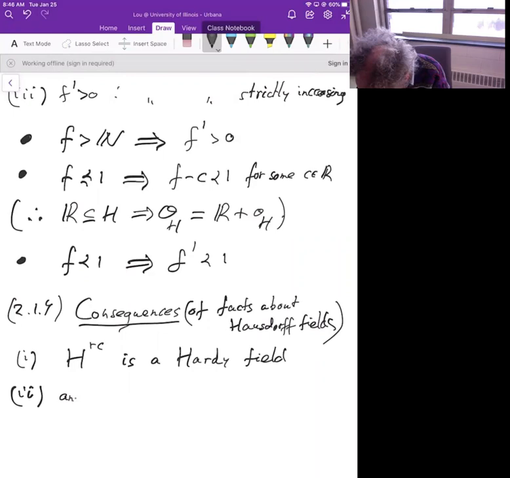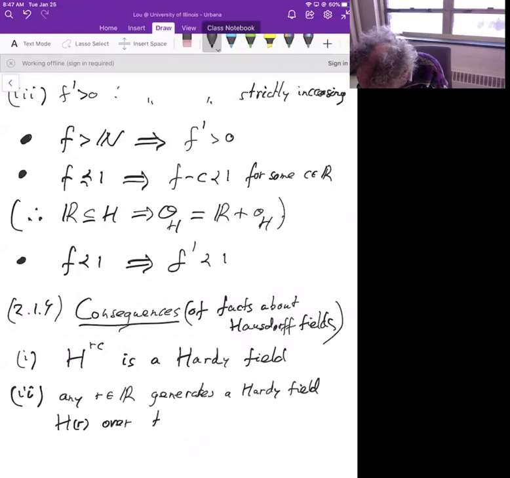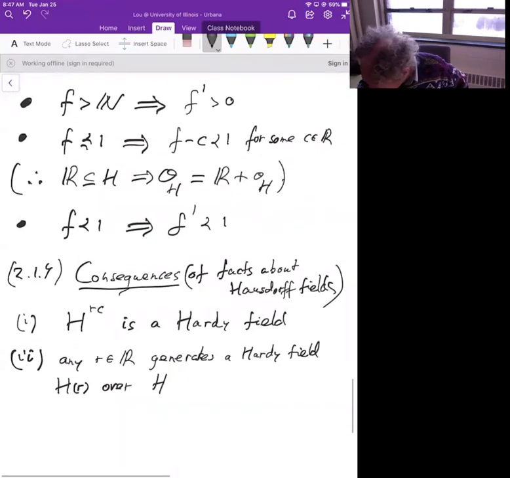Any r in R generates a Hardy field H(r) over H. Again, this is not true for Hausdorff fields, as those who did the exercises from last time will know.